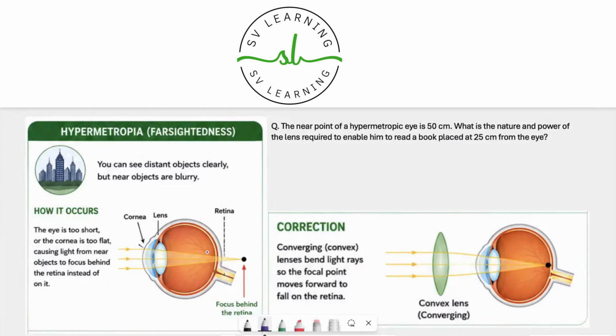Then again on the retina, you don't get a clear image. You see a blurry image. This is the first point. Or the cornea can be too flat. If the cornea is too flat, there is not proper convergence, so insufficient convergence.